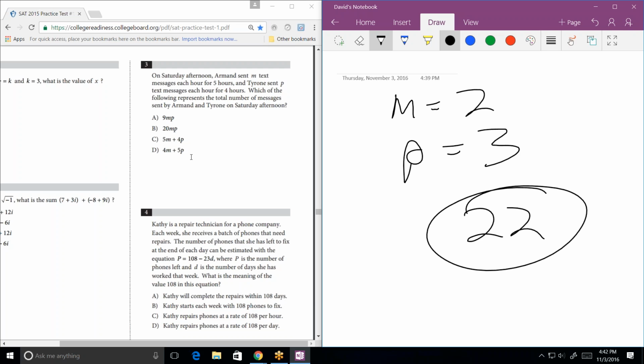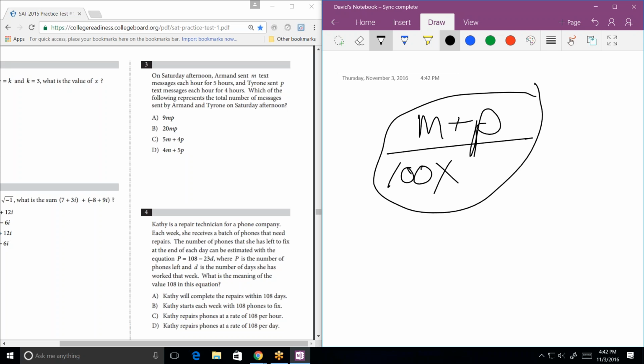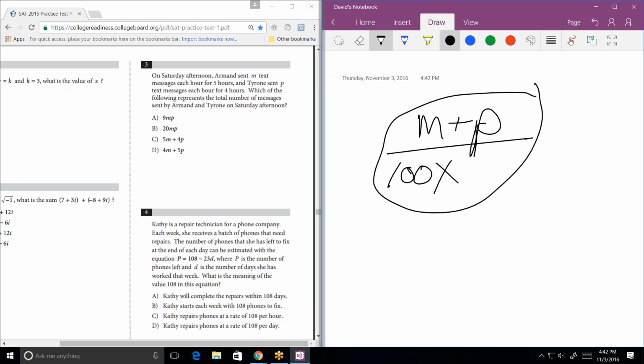And the kind of problems I'm talking about are ones where you might have an M times, maybe an M plus P, but the whole thing would be divided by an X, maybe 100X. Maybe you're going from percentage to decimal also. So if this was the answer, you can imagine it would be somewhat difficult to come up with that.